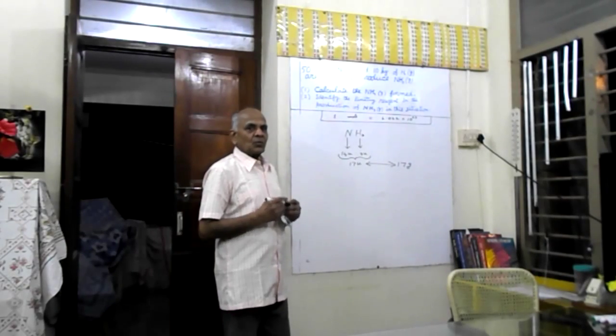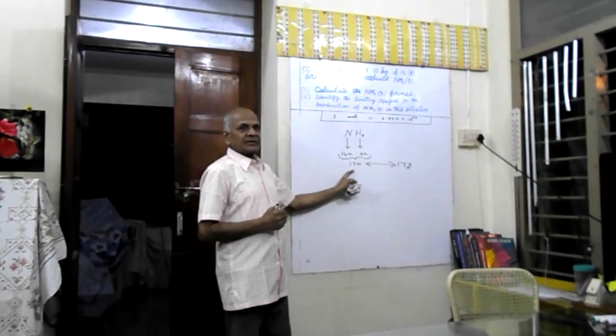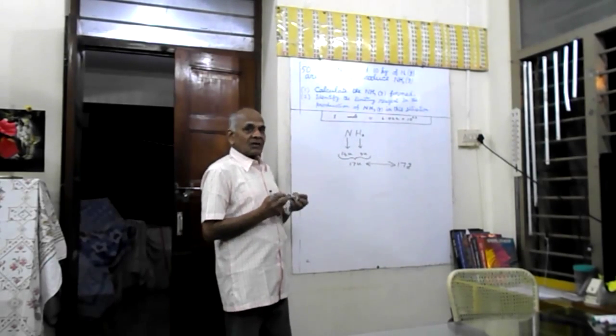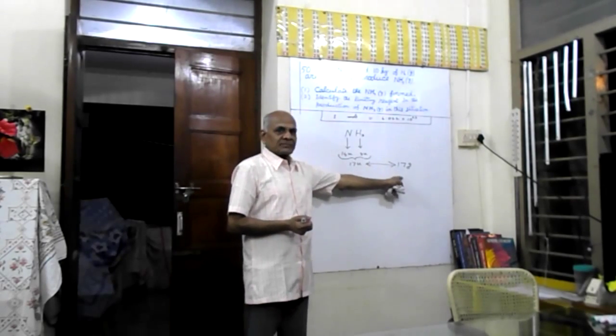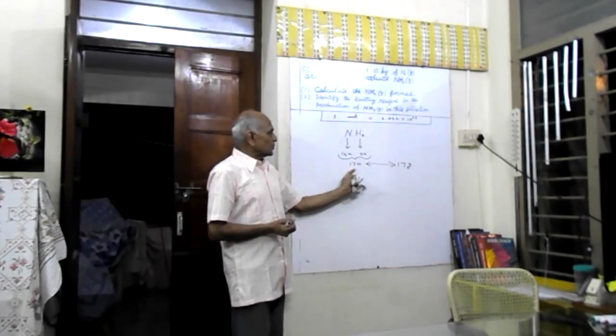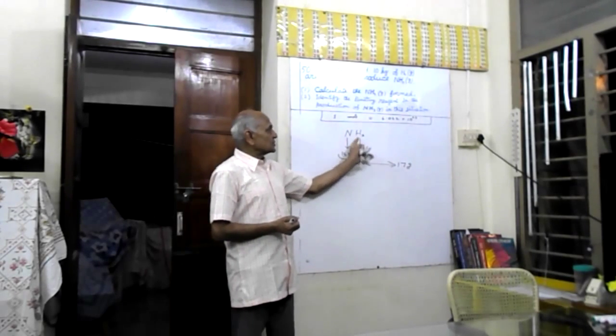Mass of 1 molecule of ammonia is 17U. Mass of 1 mole molecules of ammonia will be 17 grams. In the 17U, 14U is nitrogen, 3U is hydrogen.